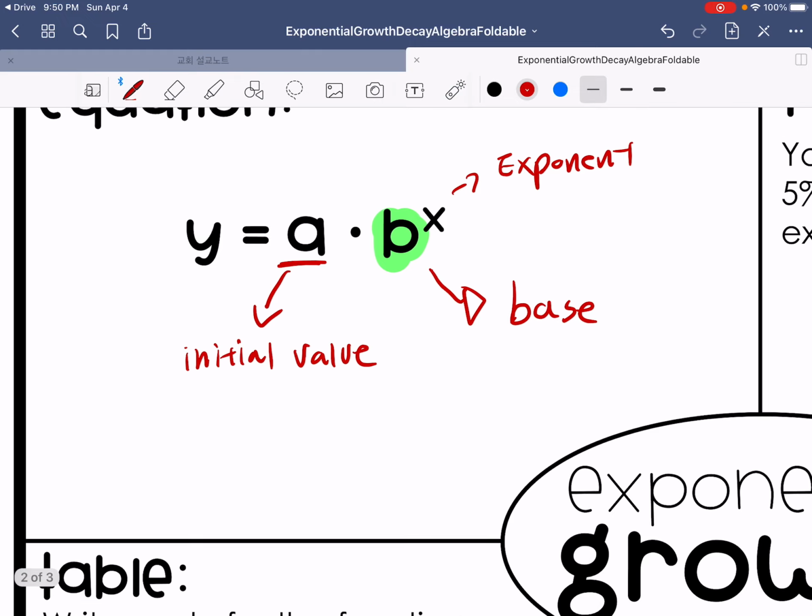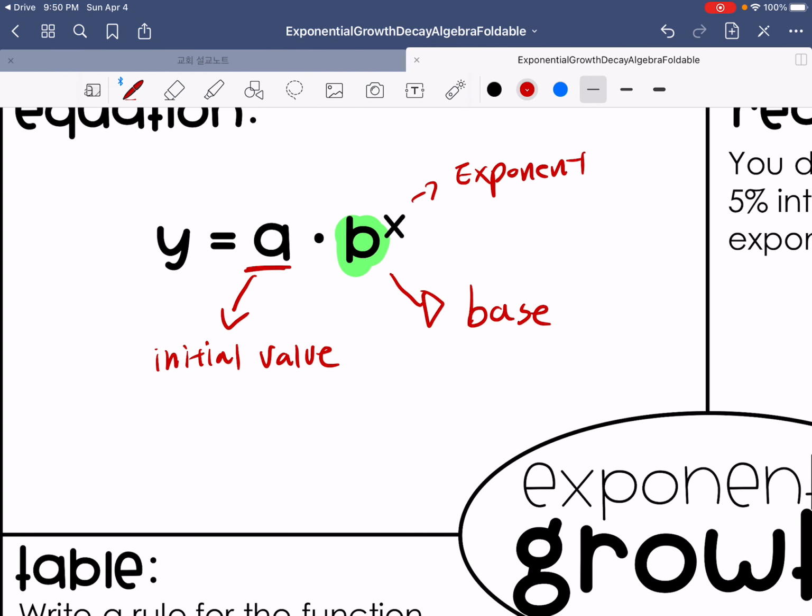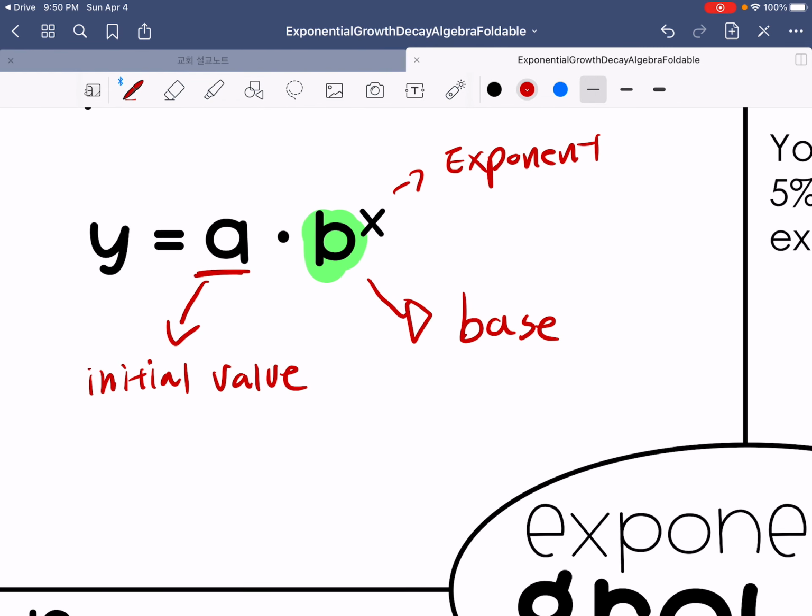Now, in order to be exponential function, base should be greater than 1. Okay. If base is not greater than 1, then there is no growth in it. All right. And another name of initial value, we also call it the starting point.